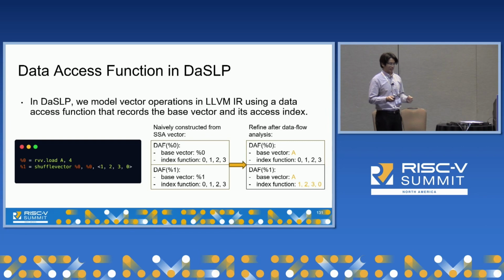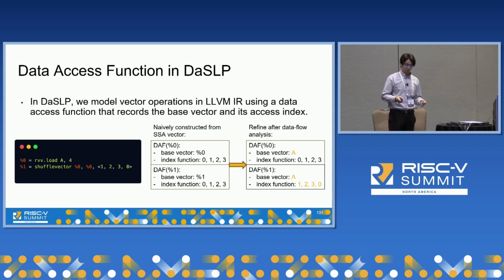So here is how we exactly use the data access function in our DLSP. On the bottom, on the left side of the arrow, we naively construct the data access function of each vector value from the SSA vector. We can only get trivial information.